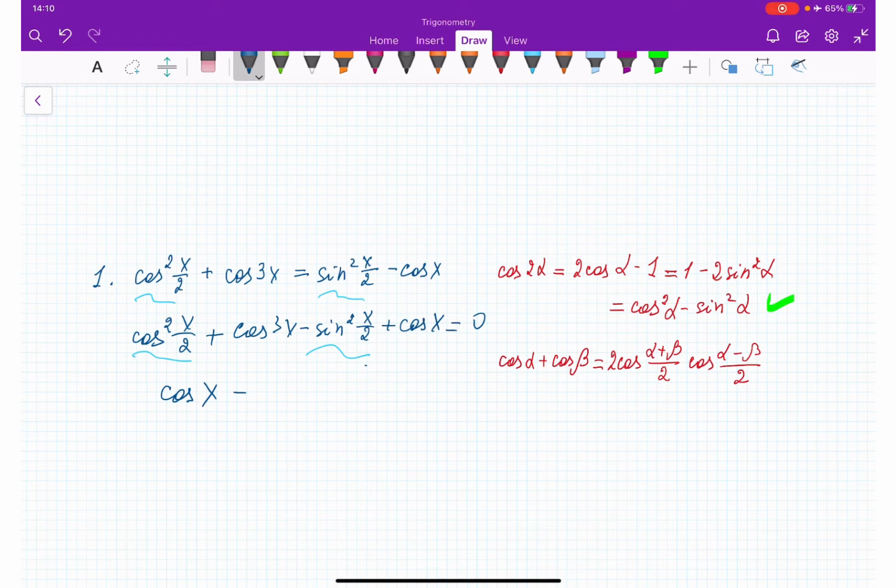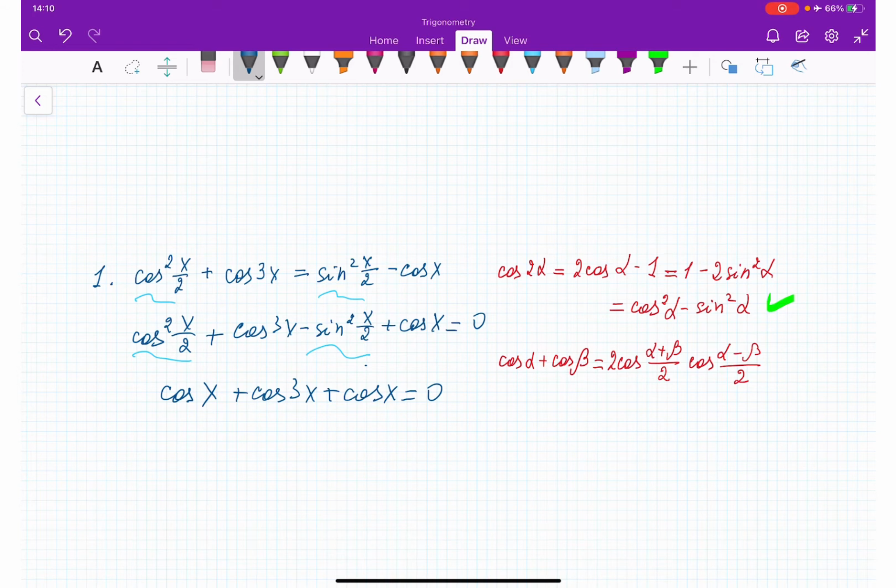Cosine x and then plus cosine 3x plus cosine x is equal 0. So instead of combining cosine x and cosine x, I'm going to do the following, because having two coefficients is not going to do much. Maximum I can take 2 outside and do the same thing.